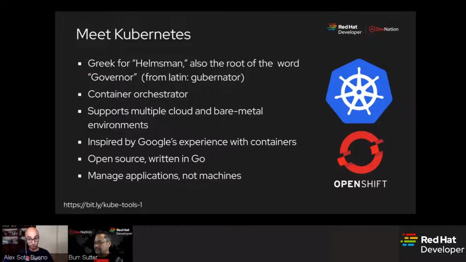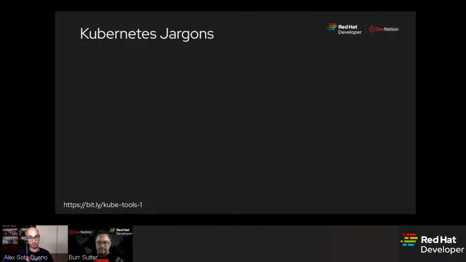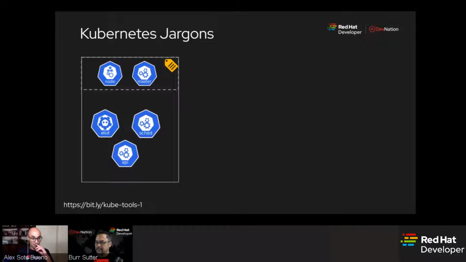And of course, if you're wondering why the OpenShift logo is here, it's because OpenShift is Kubernetes, and we can think of OpenShift as just an implementation of Kubernetes. So why is it important to have a good set of CLI tools for Kubernetes? Well, because there are a lot of concepts that you need to be aware of. Nodes, master nodes, or worker nodes, etcd, scheduler, the API.